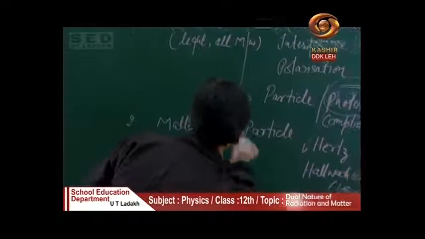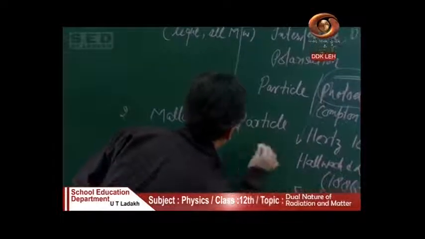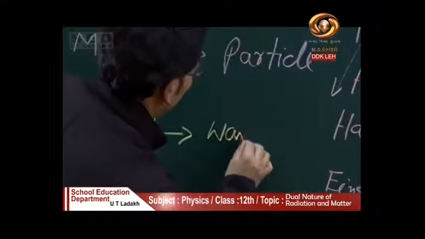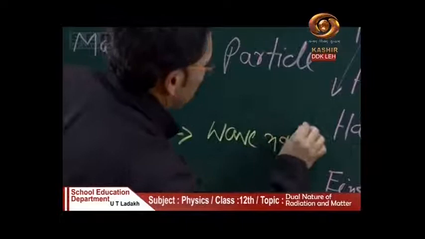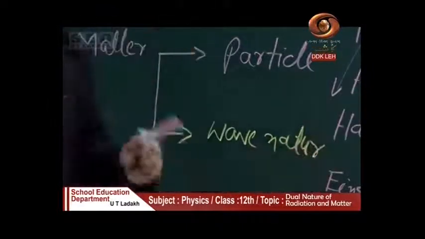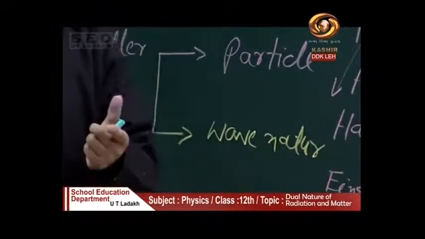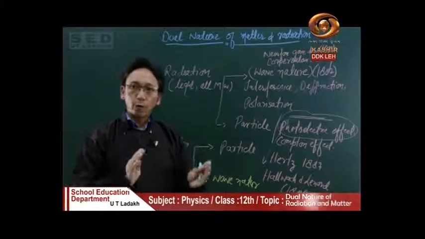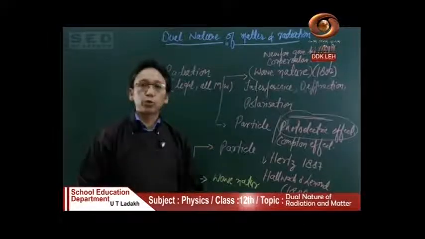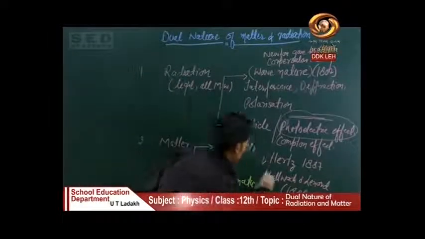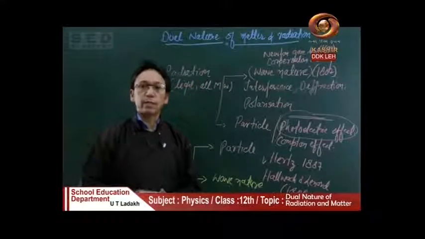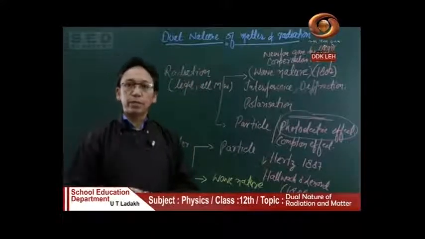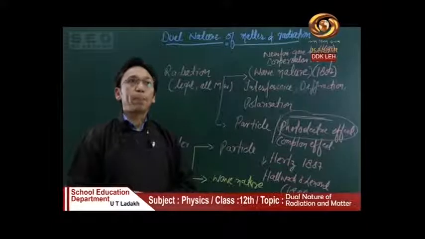That means matter also has wave nature. This was just a theory, or we can say a hypothesis, submitted by de Broglie in 1923 in his thesis during his PhD degree.